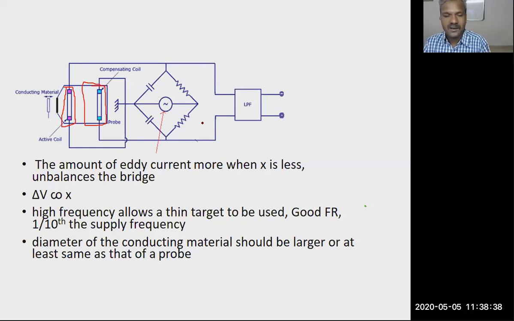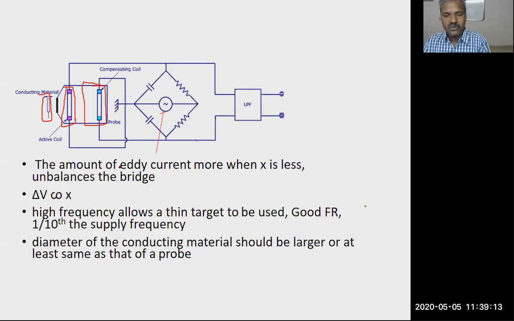As I told earlier, the eddy current is sensitive to temperature, as well as to the conducting magnetic metal, because all conducting materials are sensitive to temperature. That's why it also has cross sensitivity. Cross sensitive means this active coil is also sensitive to temperature.